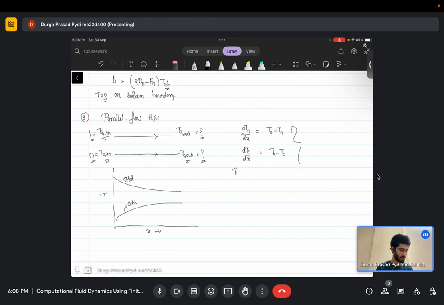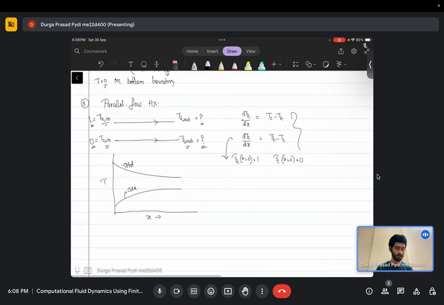So our boundary conditions are just Th at x equal to 0 is 1 and Tc at x equal to 0 is 0. These are my only conditions given. So like previously, when we were discussing how we deal with coupled equations, we will write a new matrix capital T as Th, Tc.